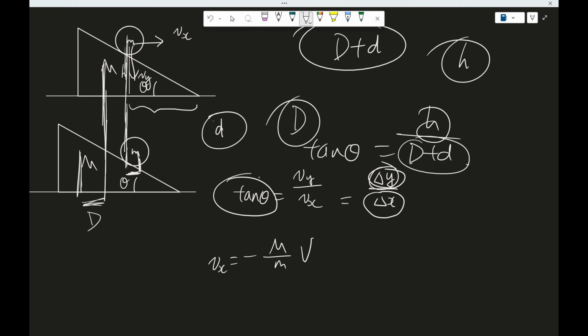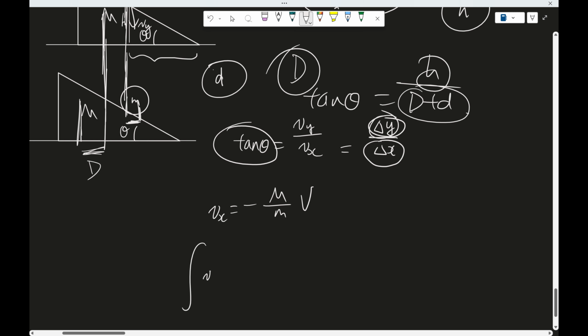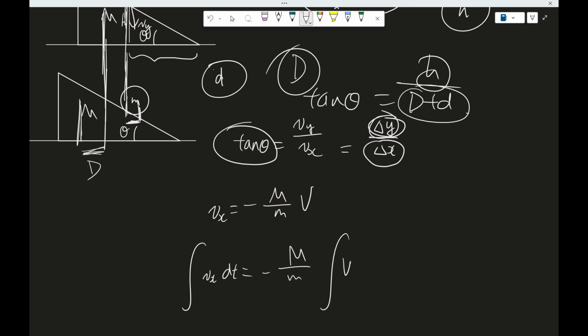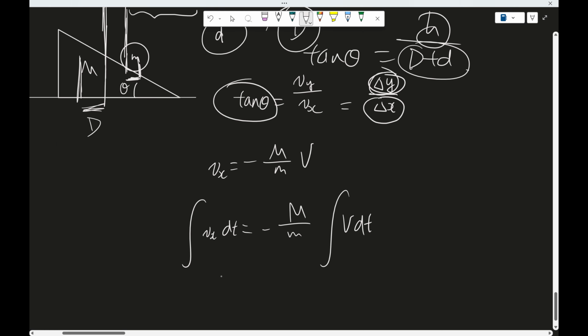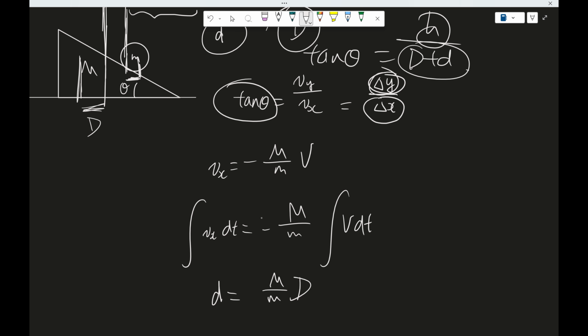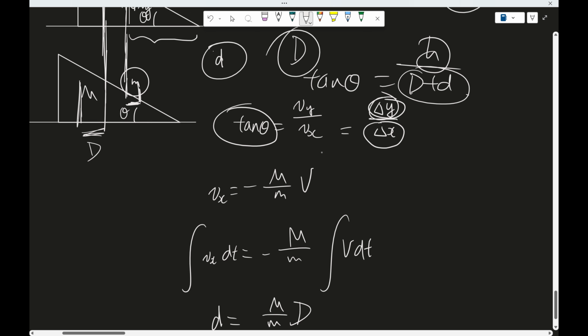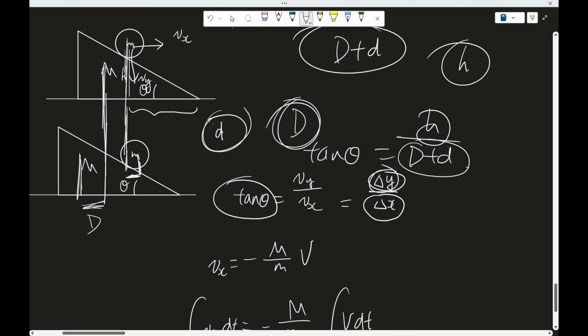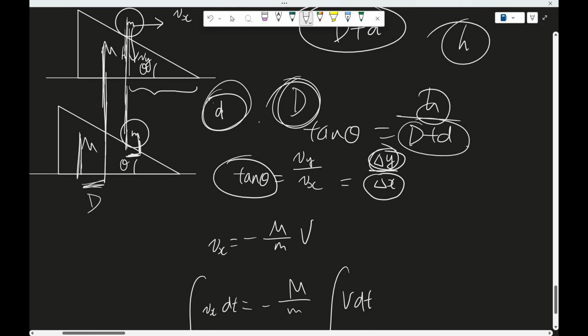So let's try to figure out some way to relate small d and big D. And how can we do that? Well, if we integrate each side with respect to time, we will have small d equals small m over big M times big D. And take note that the negative sign disappeared because we defined small d and big D to be the displacement, the distance.